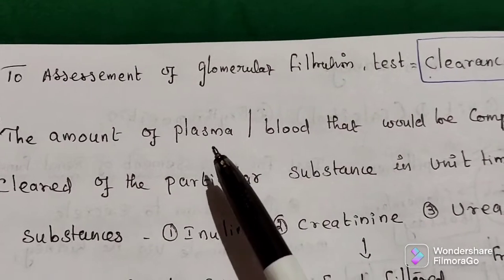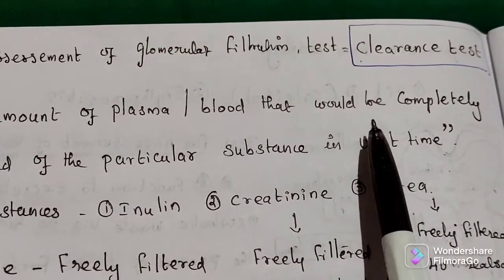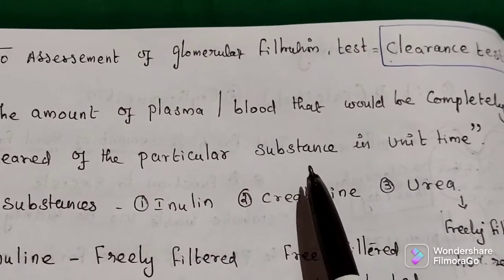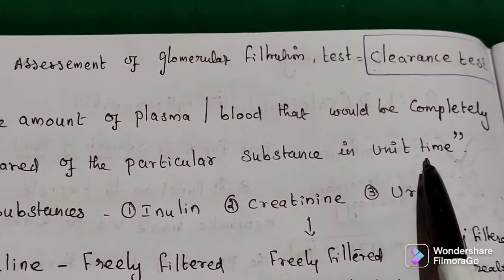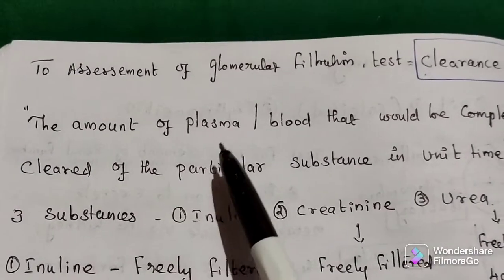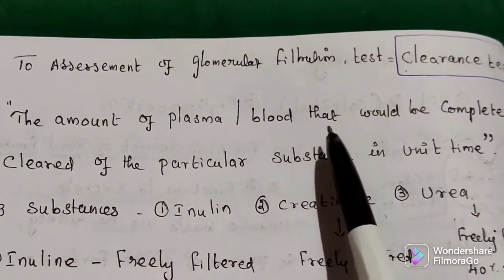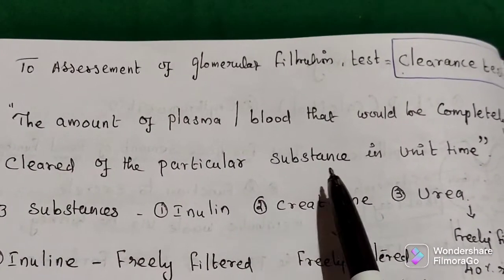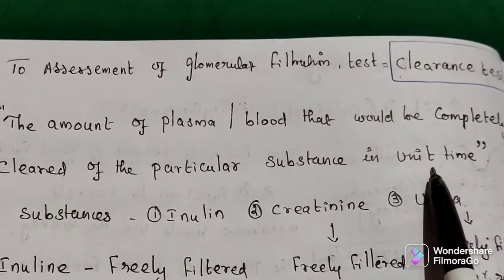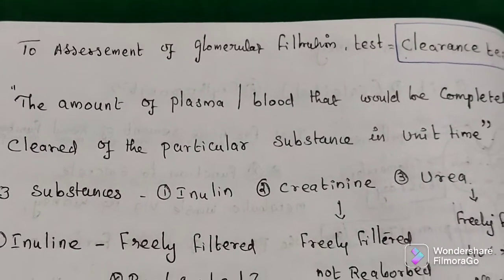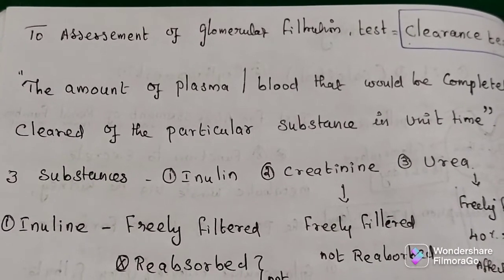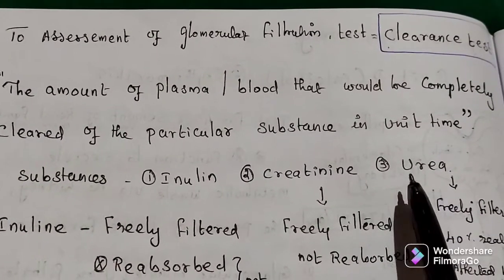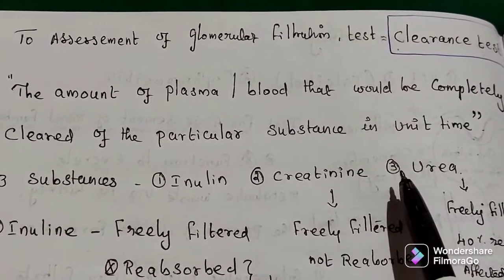The amount of plasma or blood that would be completely cleared of a particular substance in unit time. Three substances are generally used. What are the three substances? Inulin, creatinine and urea.